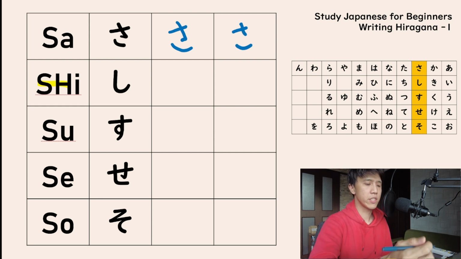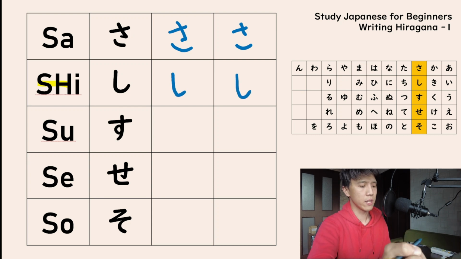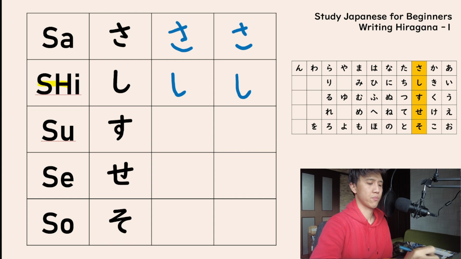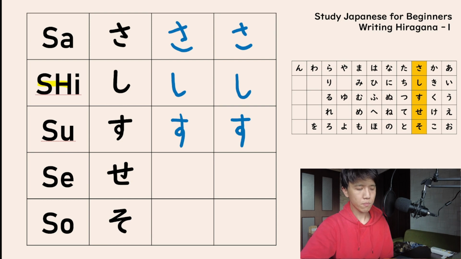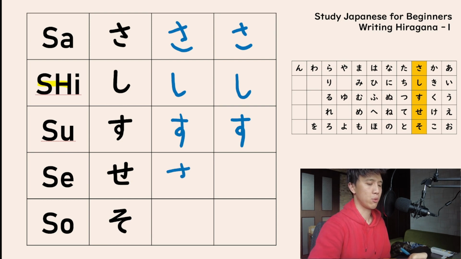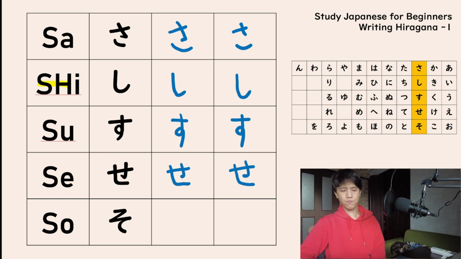The next one is shi. 1. Okay? Next one is su. 1, 2. Okay? The fourth one is se. 1, 2, 3. And the last one is so.